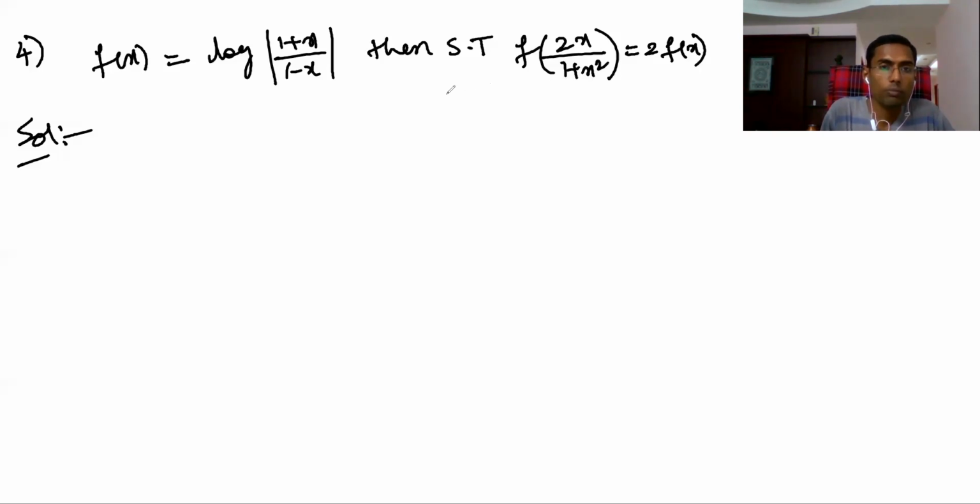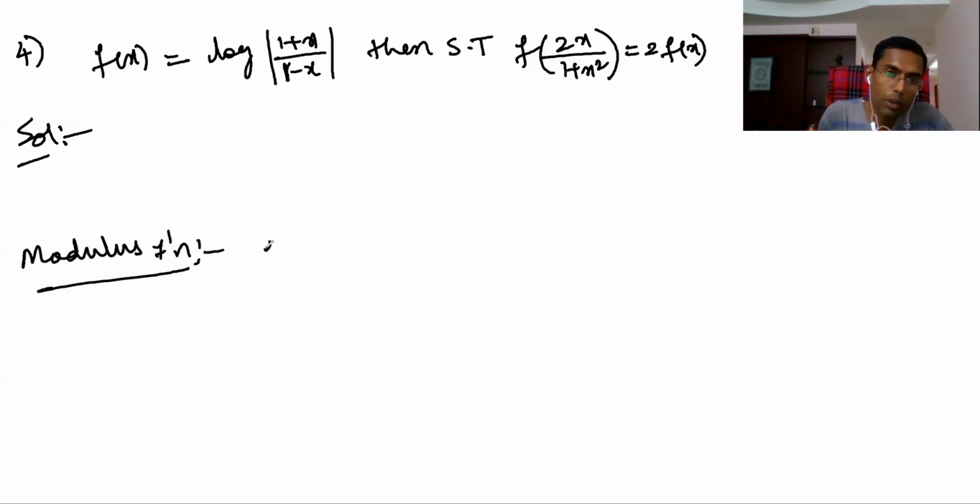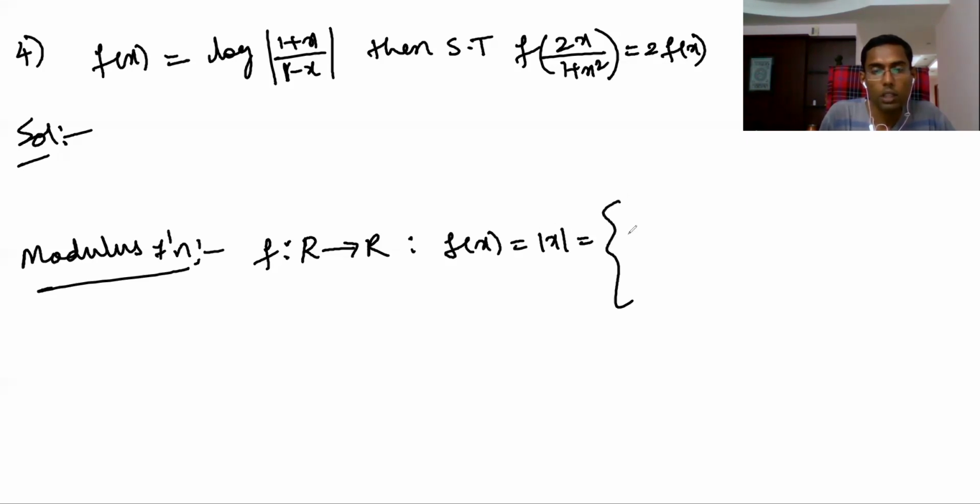So first of all, what is this modulus function? First let us discuss the modulus function. The modulus function is f mapping R to R, defined as f of x equals mod x, which is minus x if x is less than 0, and plus x if x is greater than or equal to 0.